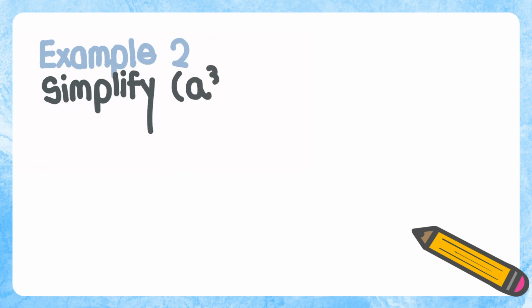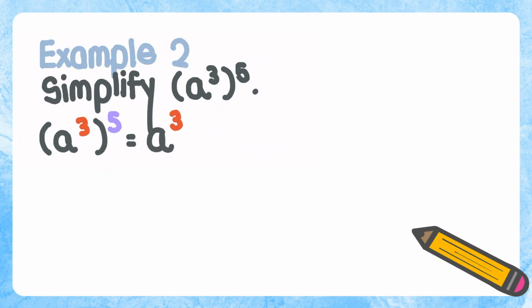Let's try it with variables next. For example 2, simplify a to the power of 3 to the power of 5. Again, that's a to the power of 3 to the power of 5. So a to the power of 3 times 5.